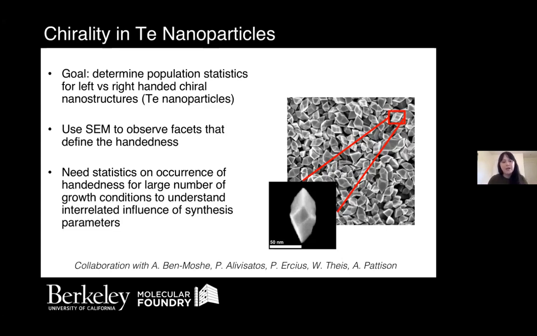And so what particularly Dr. Ben Moshe is working on is understanding the synthesis science behind the production and later the optimization of these chiral nanomaterials, which could potentially have many applications in optoelectronics, biomimetics, et cetera. So we want to ultimately turn this pipeline into a synthetic study of the growth of these nanomaterials.